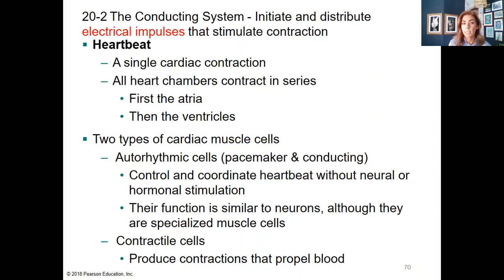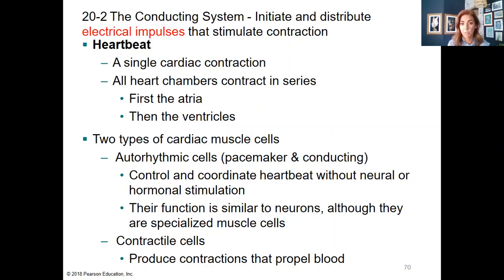They don't need an additional input in order to tell them when and how fast to beat. Now, the nervous system can modulate the heartbeat and change the rate, but it's not going to be responsible for the actual production of it, due to the fact that these cells within the conducting system have autorhythmicity.